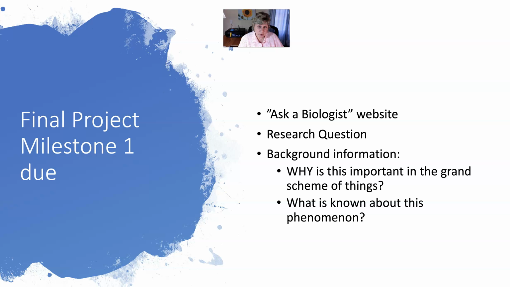So milestone number 1 of your final project is all of your background information. So this is where you do your research. And here are 2 questions that I want you to think about and answer while you're doing your background checks. Why is this important in the grand scheme of things?